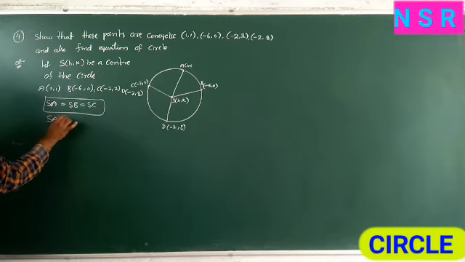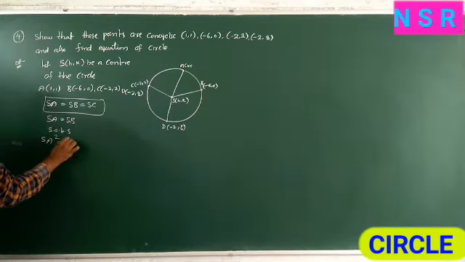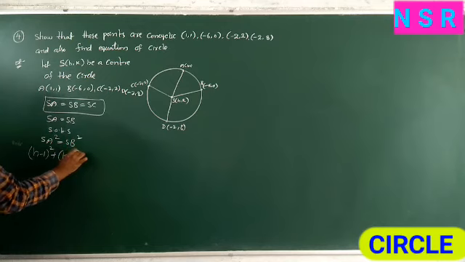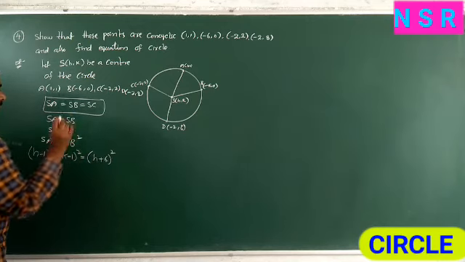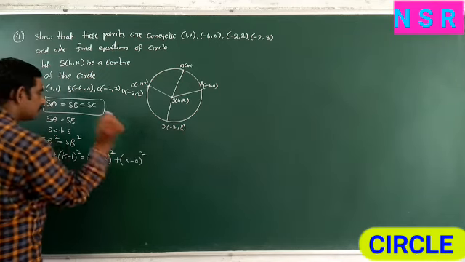So consider SA equal to SB. Squaring on both sides, SA square is equal to SB square. Now apply the distance formula between SA and SB: (h minus 1) whole square plus (k minus 1) whole square is equal to (h minus of minus 6, that is h plus 6) whole square plus (k minus 0) whole square.